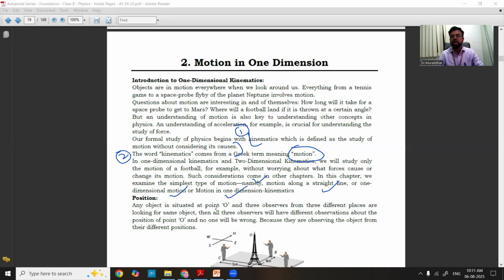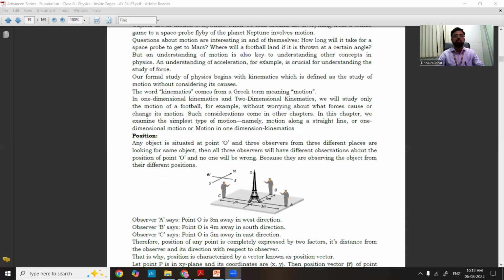You can name anything, it may be one dimension or two dimension; three dimension will come in higher classes. In kinematics also there is one dimension and two dimension, but today we are discussing only one-dimensional kinematics, that is straight line motion.